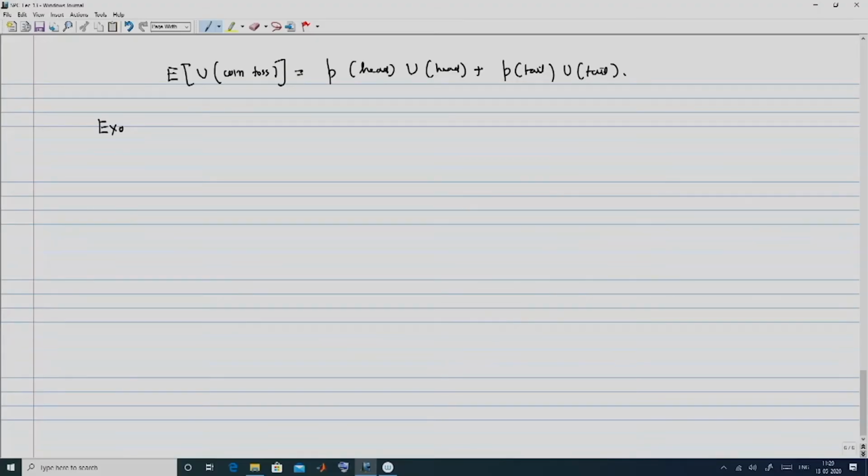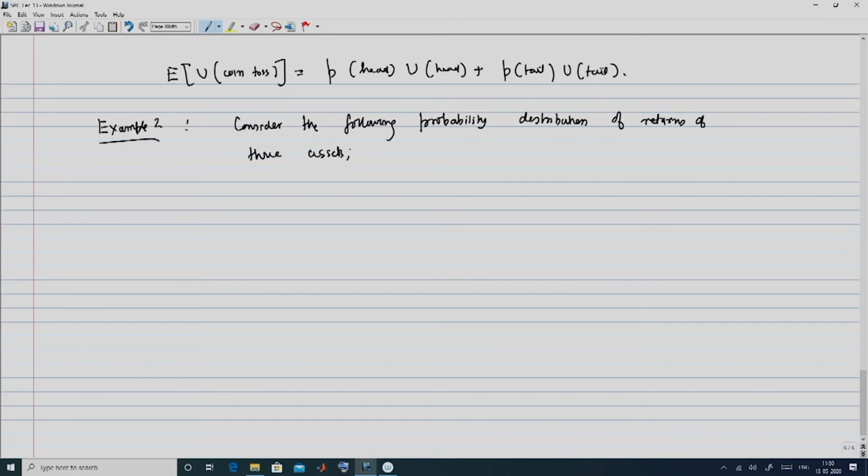So, in this example 2, we consider the following probability distribution of returns of 3 assets, and I will identify these assets as A1, A2 and A3.